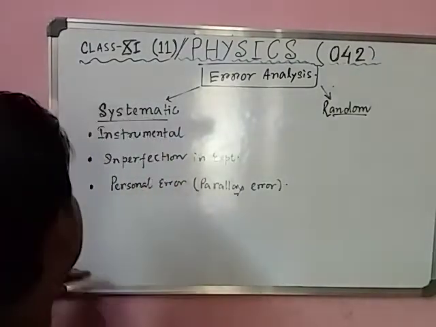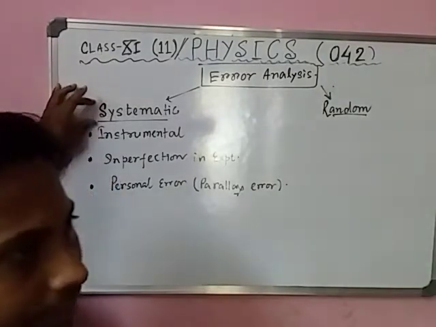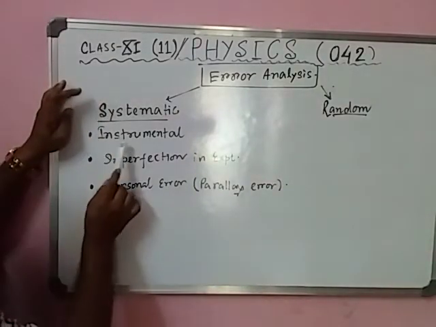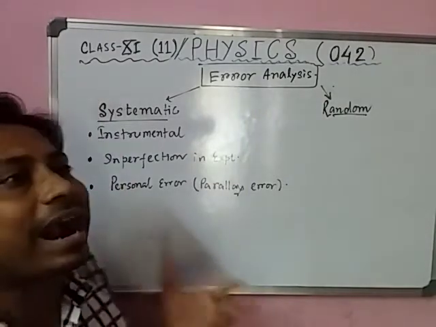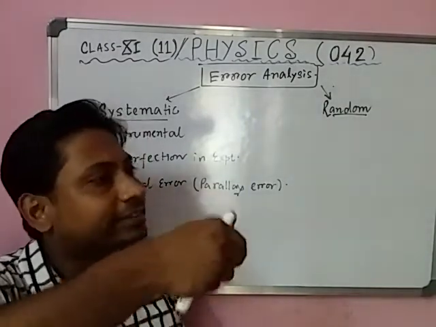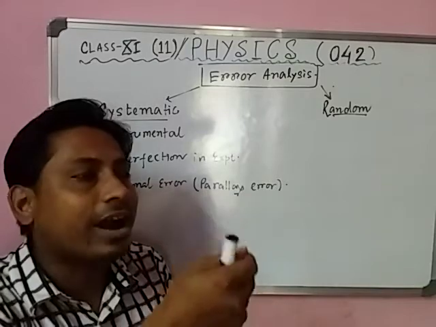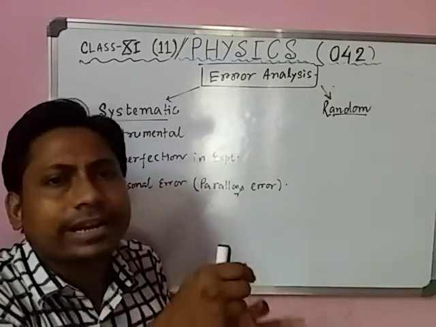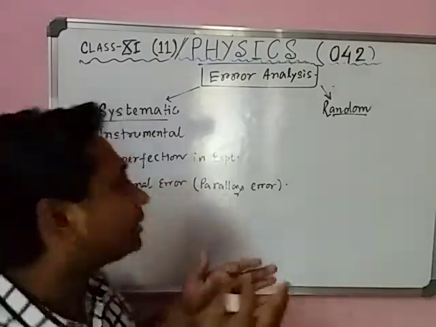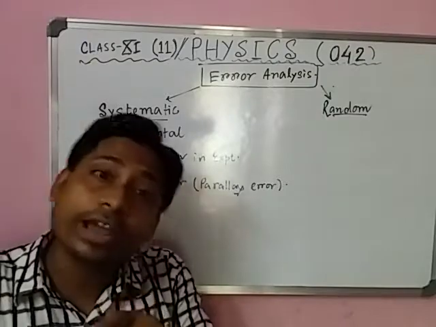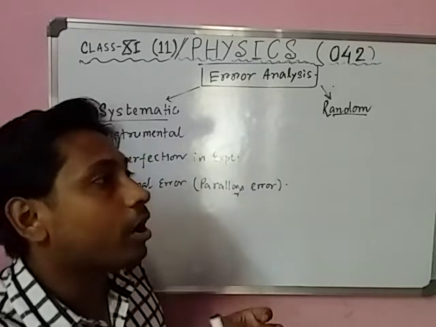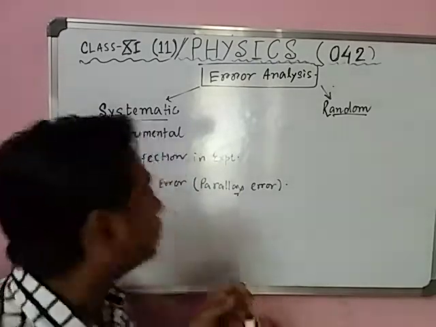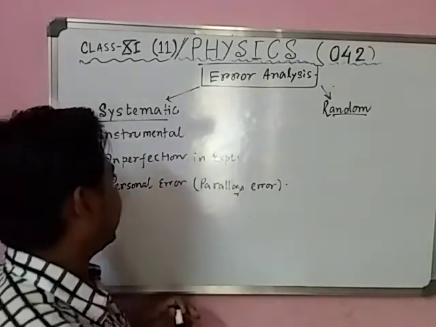Like number one, instrumental error. Instrumental error means suppose you are using vernier calipers and the vernier scale zero does not coincide with the main scale zero. This type of error is called instrumental error. You can remove it by using proper vernier calipers or by adjusting the screws.